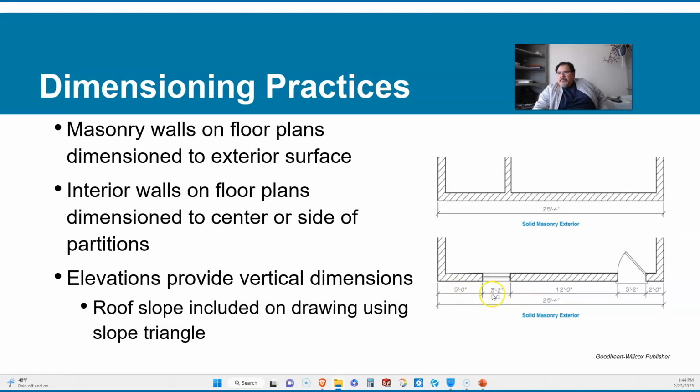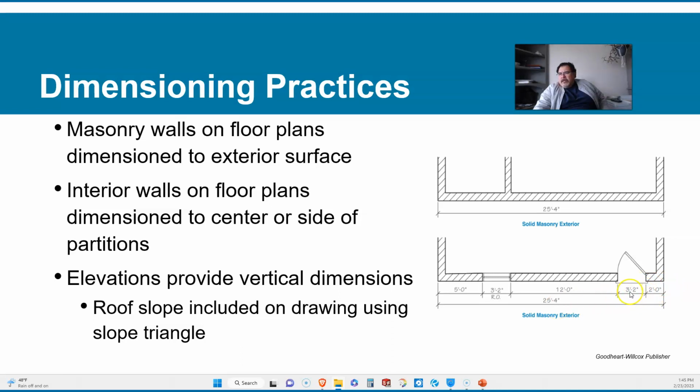And then from the other side of that 3 foot is 12 foot spacing. And then 2 foot in should give a remainder of 3 foot 2. So these rough openings in this particular case are located based off of their particular size and also a distance from the corner inward.